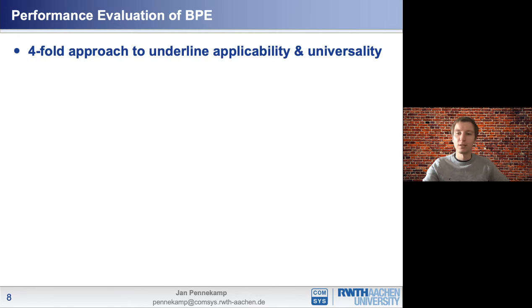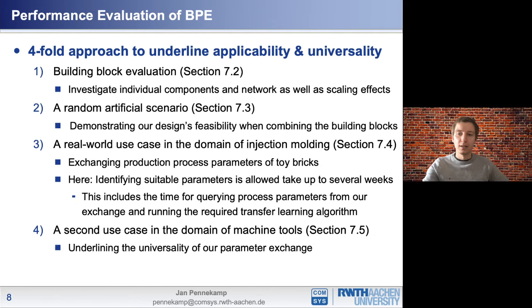Now, continuing with the evaluation, we follow a fourfold approach to underline our solution's feasibility. First, we survey the building blocks that we used on their own, then evaluate on an artificial scenario, and furthermore, consider two real-world use cases.